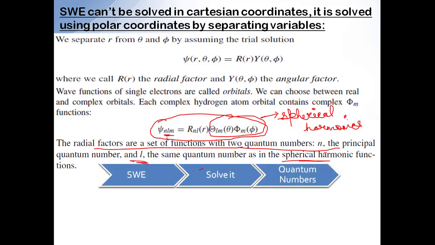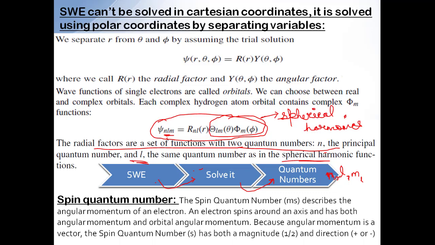So what I want to convey is that you take the Schrodinger equation, a differential equation, solve it by the variable separable method, and you will end up with quantum numbers: n, l and m_l. These are the three quantum numbers that can be obtained by the solution of the Schrodinger wave equation. Now, what about the fourth quantum number, the spin quantum number? Yes, this cannot be obtained from the Schrodinger wave equation, but if you know the three quantum numbers, then it becomes easy to calculate the spin quantum number.